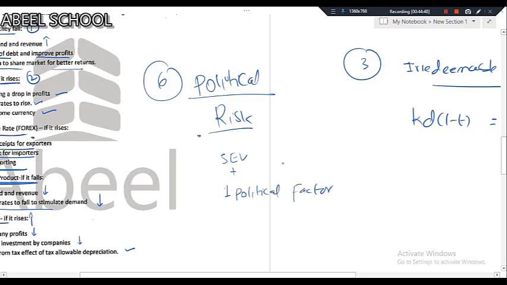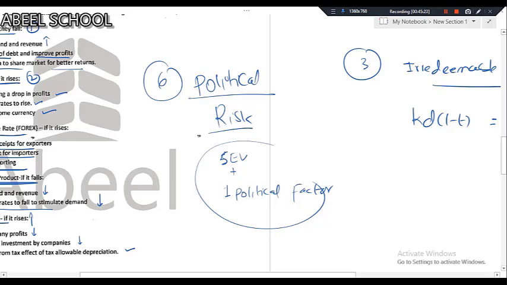I just want to tell you one thing. There are 5 economic variables, and obviously there is 1 political factor. In any country, if there is political stability, it will have a positive impact on all businesses. And if there is political instability, it will have a bad impact on all businesses.